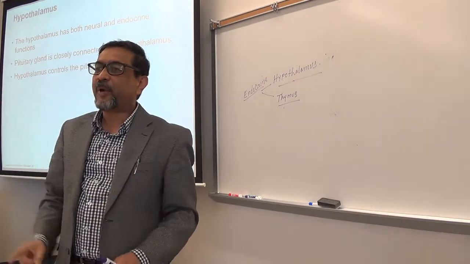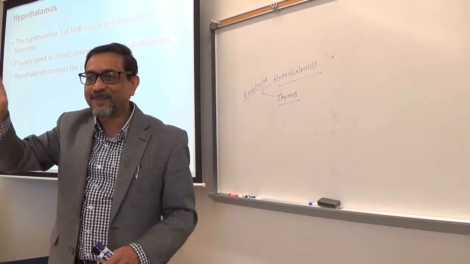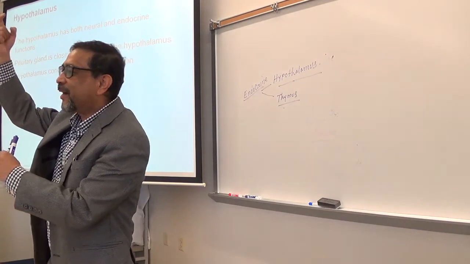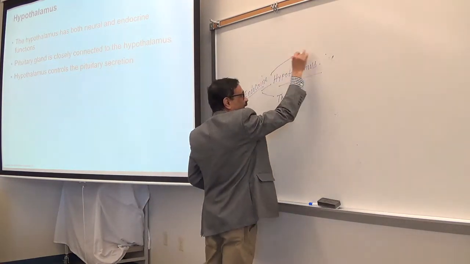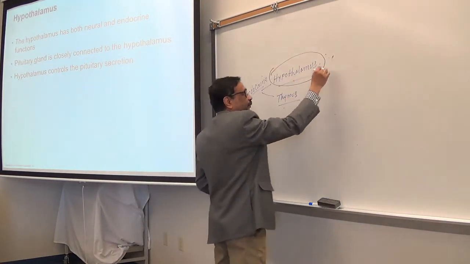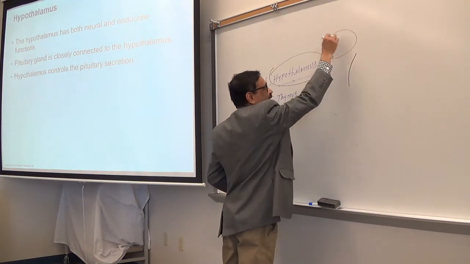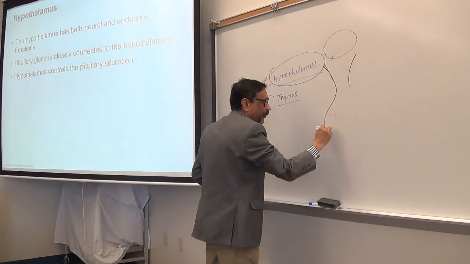Okay? But pituitary has a boss too. Although pituitary is the master, the master has a master too. Okay? Who is that? Hypothalamus. Okay? So, hypothalamus is very important, right? It controls the pituitary. So, if this is hypothalamus, you know thalamus, under the thalamus you have seen the hypothalamus, and this is the pituitary.